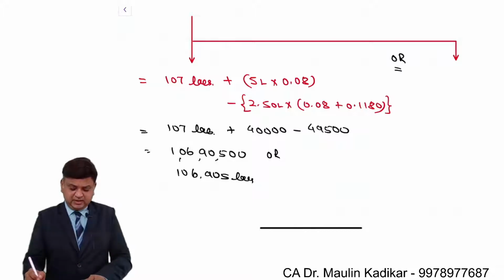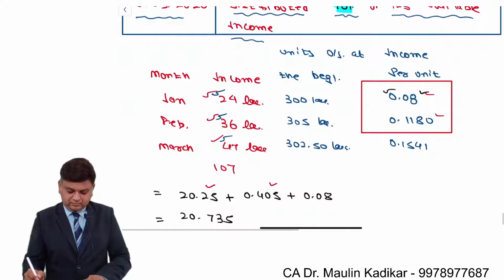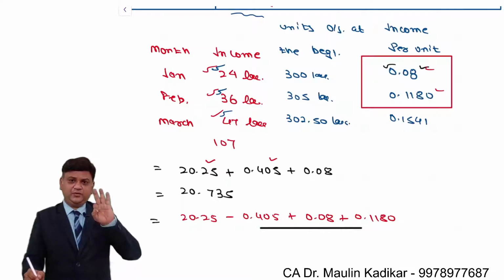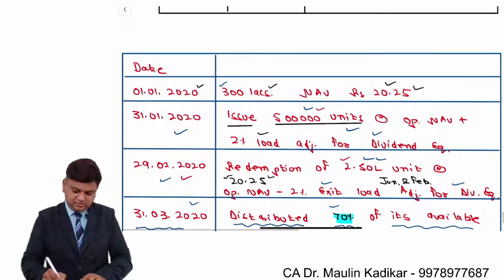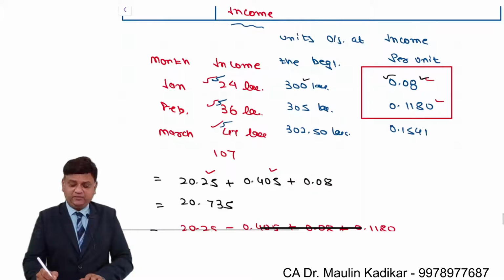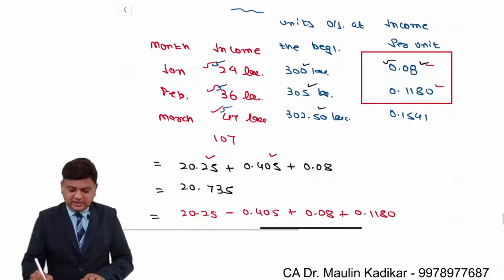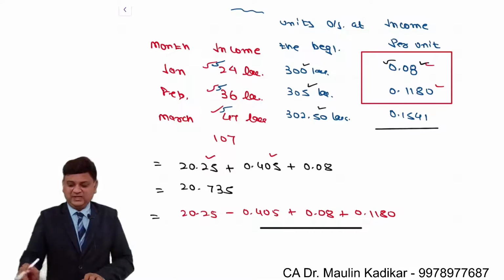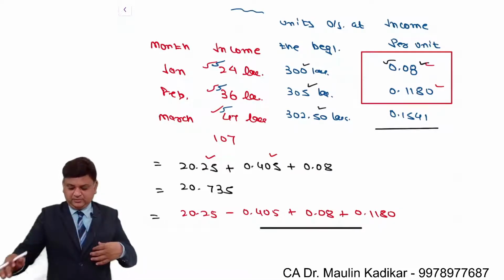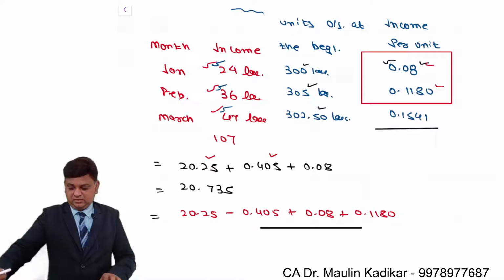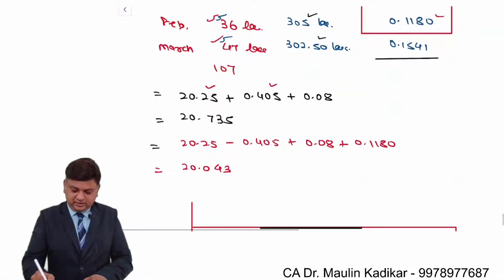Or otherwise you can compute the answer like this. Listen to me carefully. We know that from 300 lakh units it increases to 305 and it reduces to 302.5 lakhs, and we already have found the income per unit. What is the income per unit of these 3 months in total? 0.08 plus 0.118 plus 0.1541, that comes to 0.3521, that is 35.21 paise.